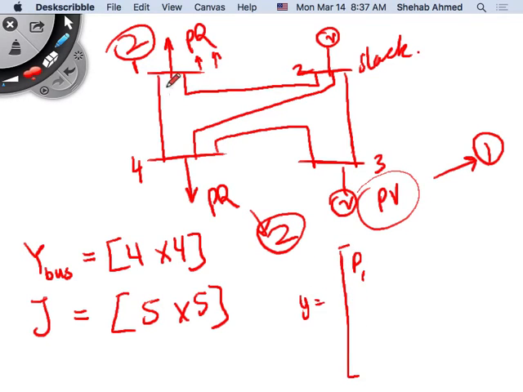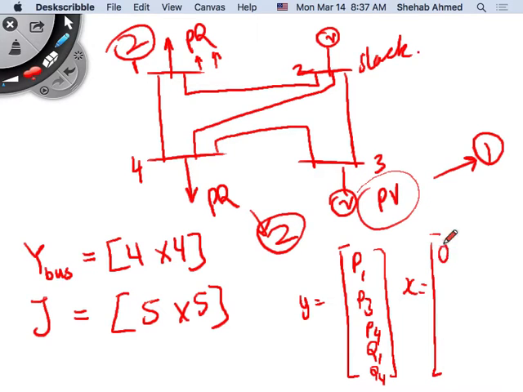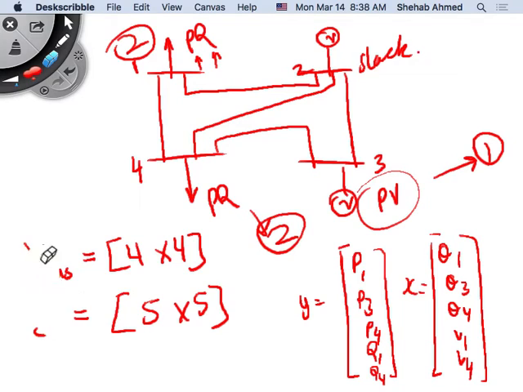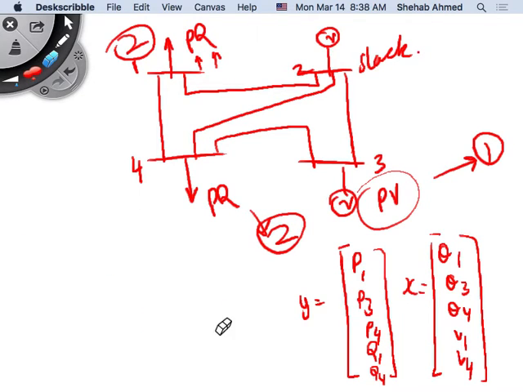I have the P1 equation I can use, the P3 equation, and the P4 equation, and then Q1 and Q4. And my x vector was theta 1, theta 3, theta 4, V1, V4. Right? So now my Jacobian is a 5 by 5.